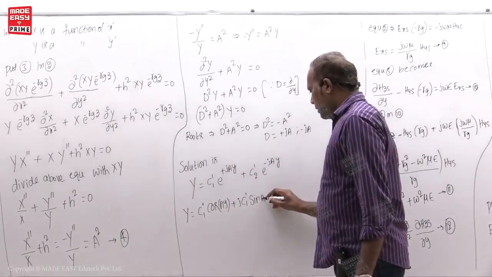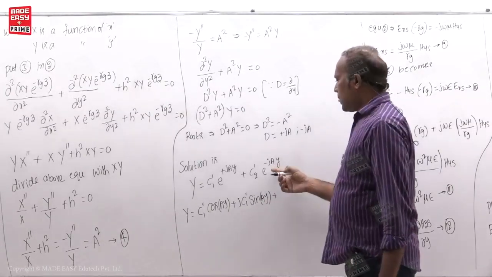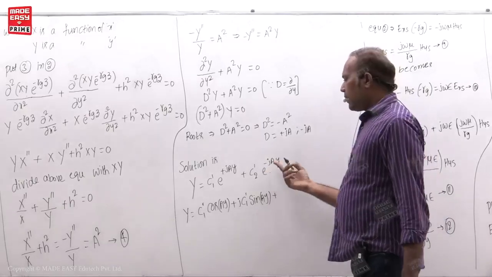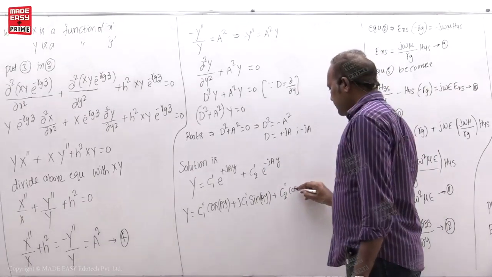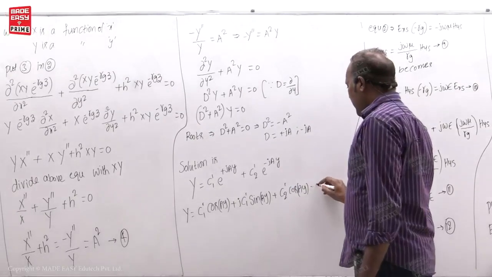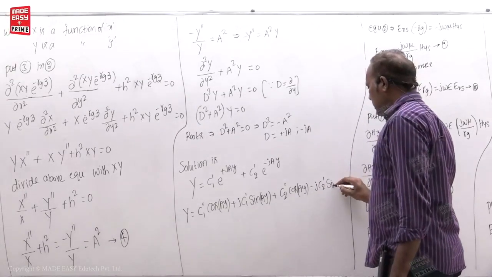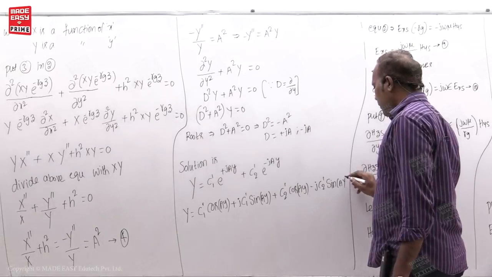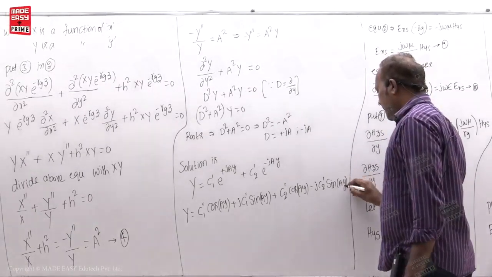Plus c2 dash into cos ay minus j into c2 dash into sin ay, small y students, small y.